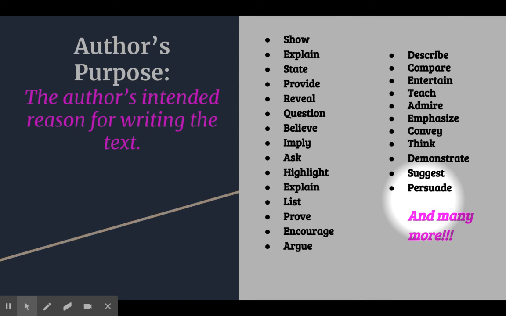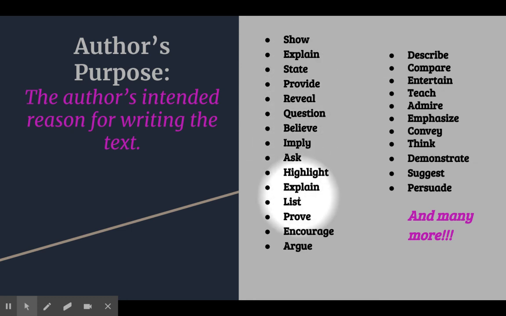Maybe the article or passage you are reading is comparing and contrasting two different topics. And we see that a lot in core classes. You may see a compare and contrast passage in your textbook in science or history, and for sure in ELA.